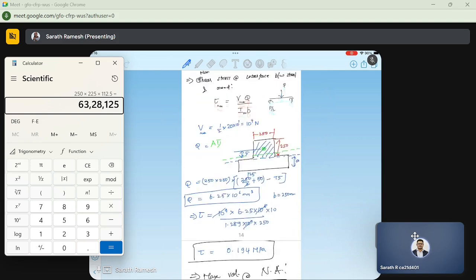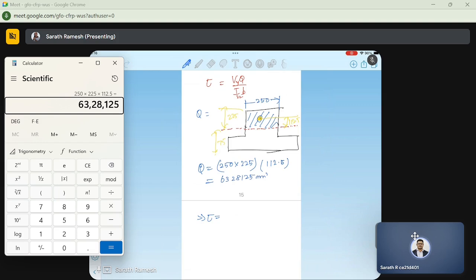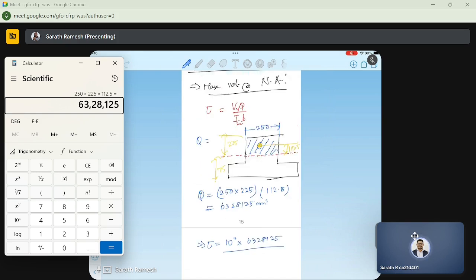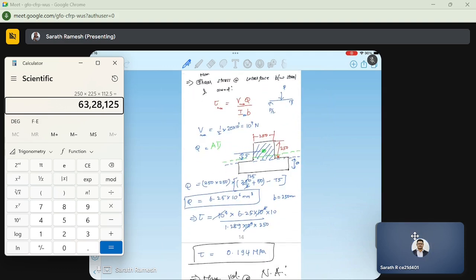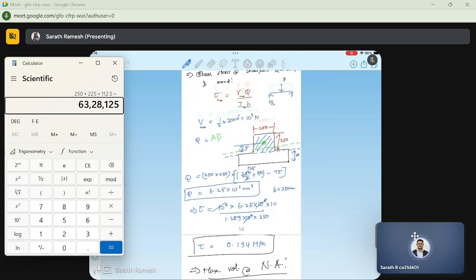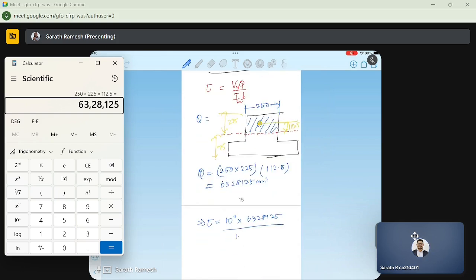Now we substitute back. It was 10 kilonewton, 10 power 4, into 6328125, divided by I, which is 1.289 into 10 to the power 9, and B is 250.